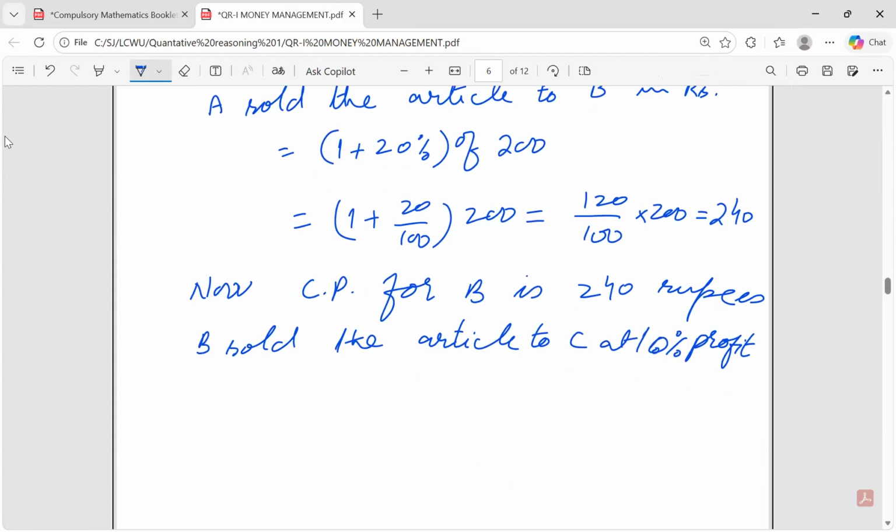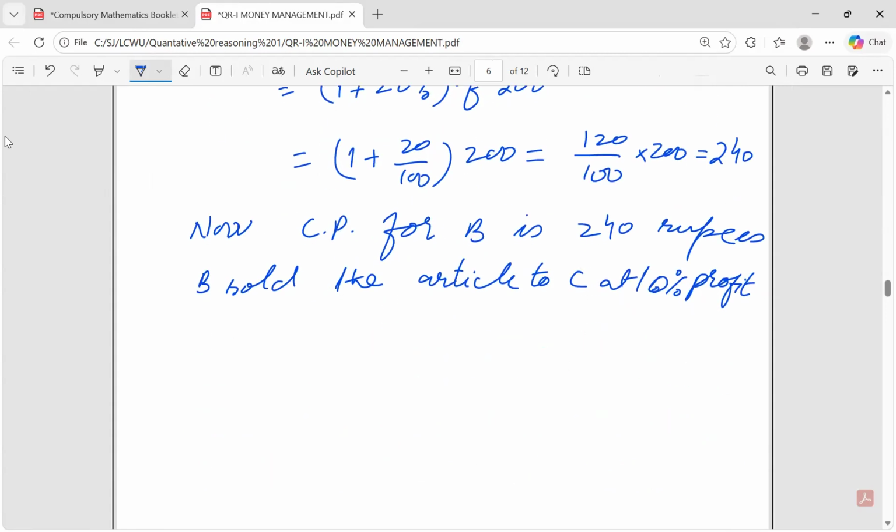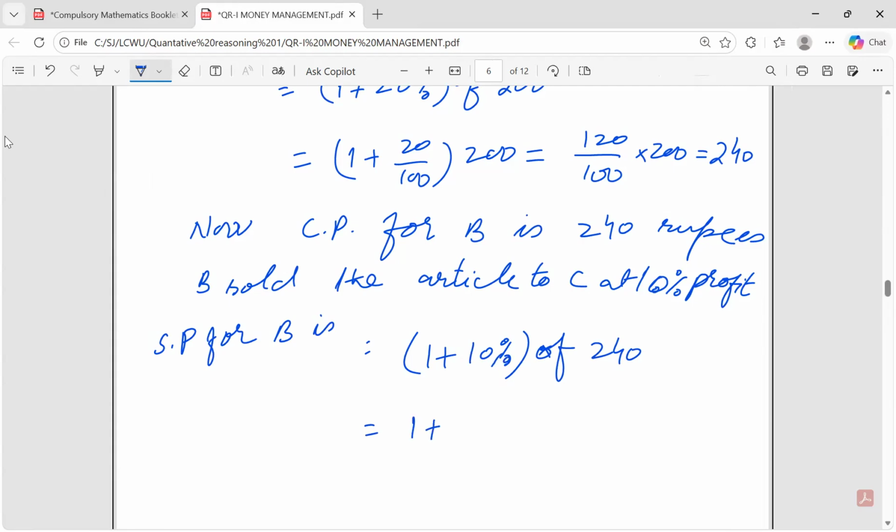So the sale price for B is 1 plus 10% of its cost price, that is of 240. This is equal to 1 plus 10 by 100 multiplied by 240.